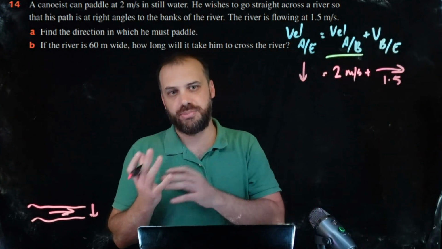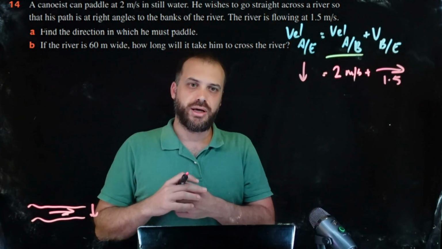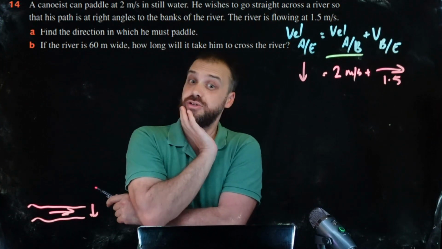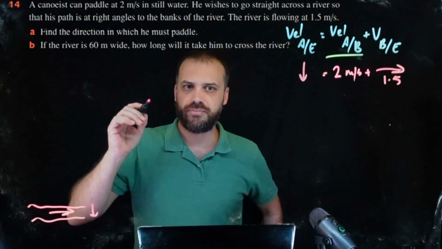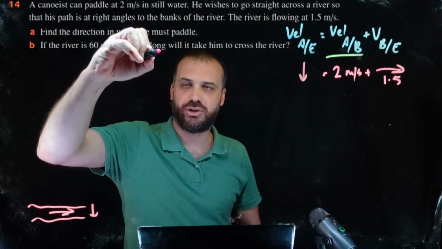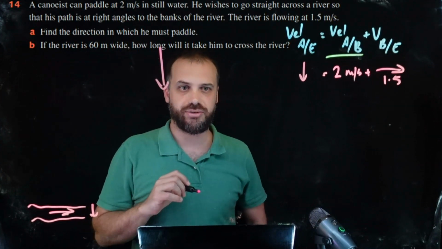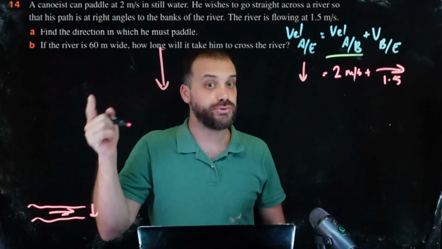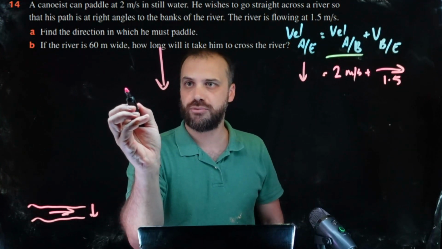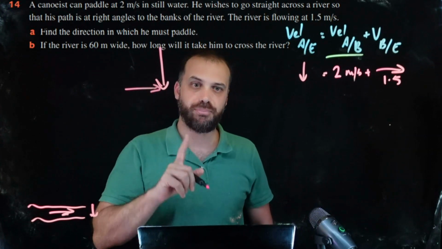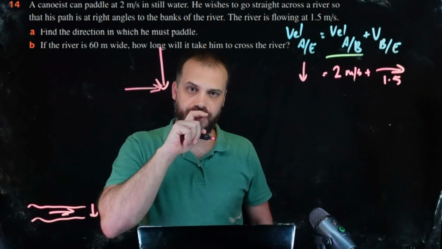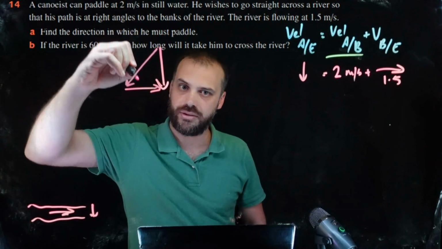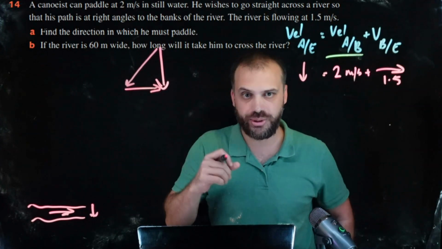Okay, so really the tricky part here is the setup. But I have a feeling this is going to be a little bit nicer because we might have a right angle triangle somewhere. Okay, the resultant, the end goal here is for him to look like this, and that is going to be equal to the river plus his movement, his canoeing, right?